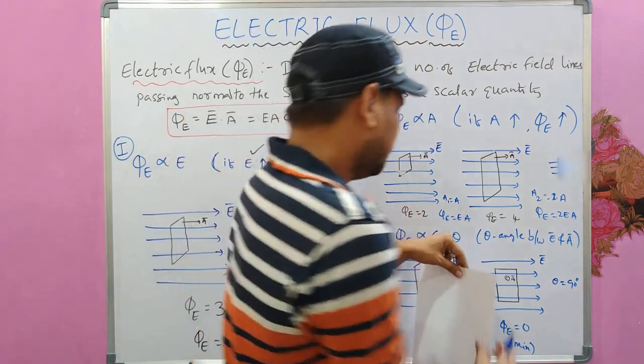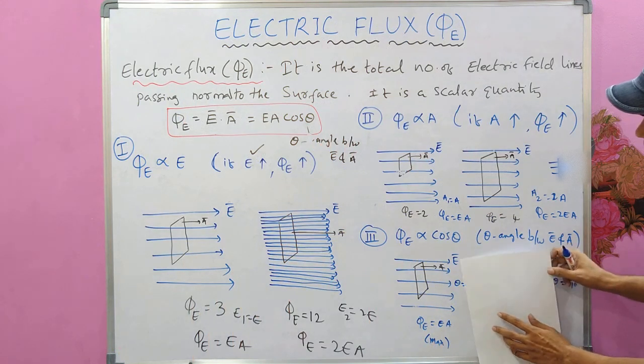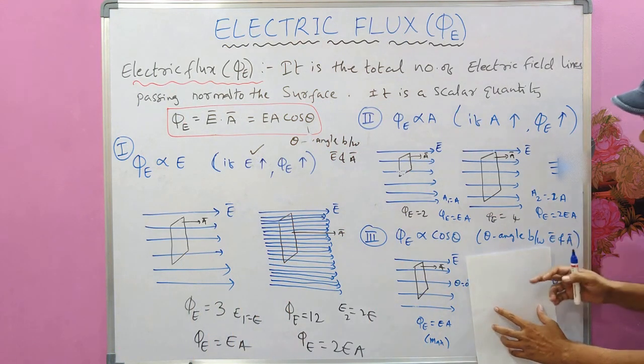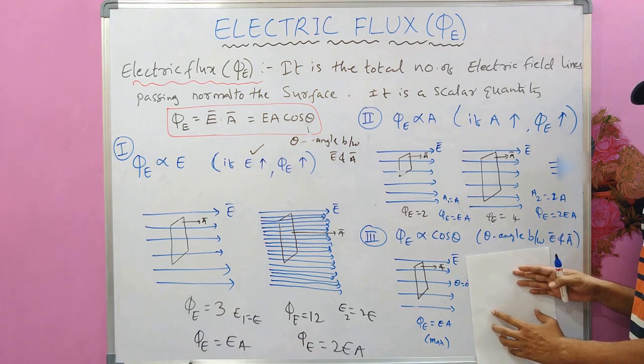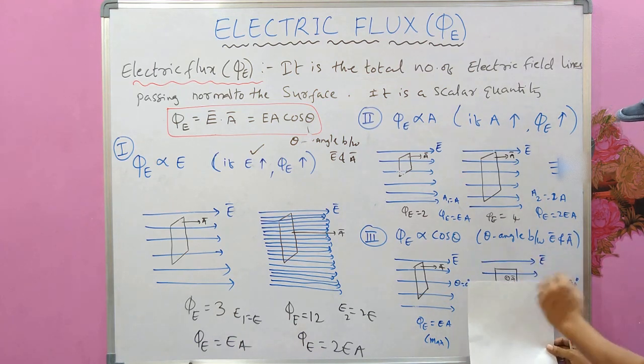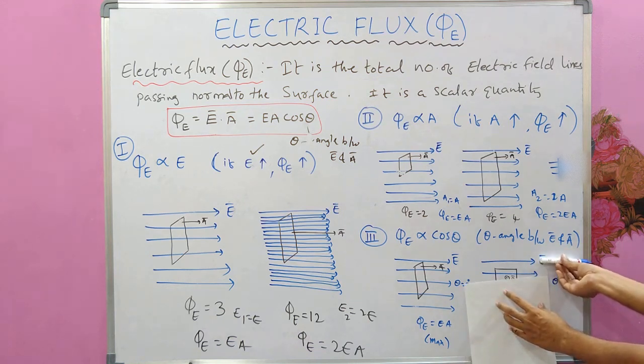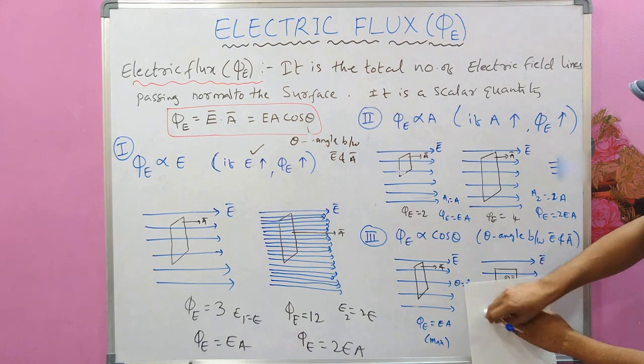Now, if you change the direction of the area vector, now the surface is placed in this way. And the electric field direction is in the same way, like this. But the area is now this.